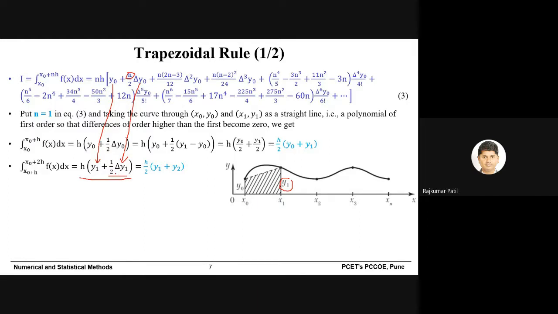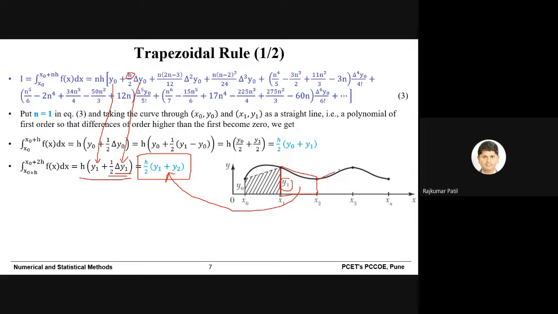Put del y1 as y2 minus y1, and upon simplification you get the area of the second trapezoid as h by 2 into bracket y1 plus y2. So this is how we calculate the area of the second trapezoid.